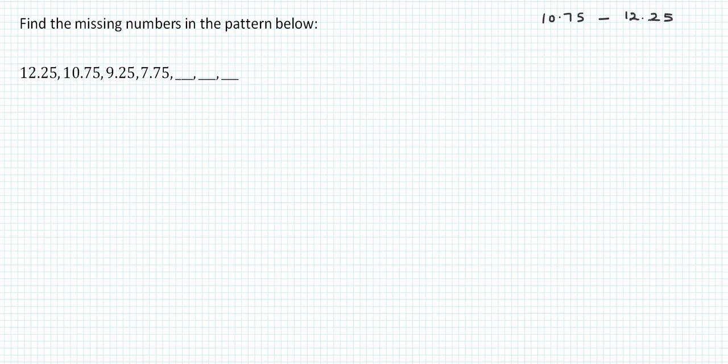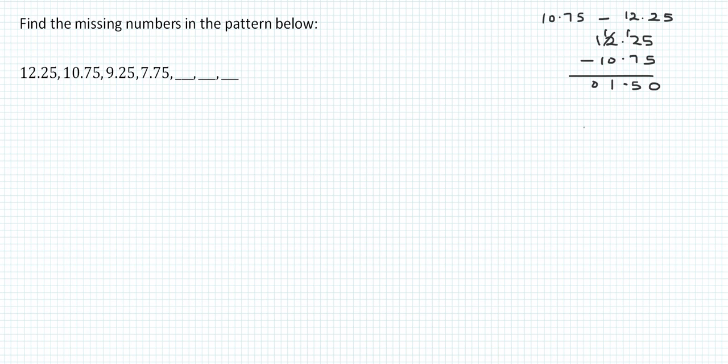But this 12.25 is larger, so let's go ahead and just do the subtraction: 12.25 minus 10.75. So we have 1.50. So this is going to be negative 1.5. So all that means is we're going to keep subtracting 1.5 from each of the numbers.